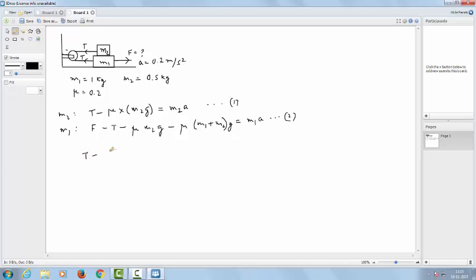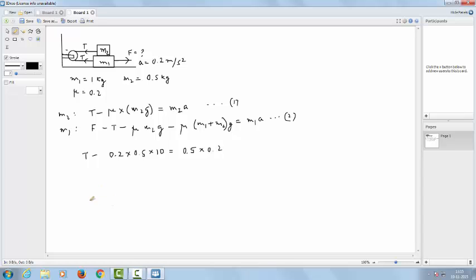So T minus 0.2 into 0.5 into 10, which we have taken as the value of g, would be equal to 0.5 into 0.2.